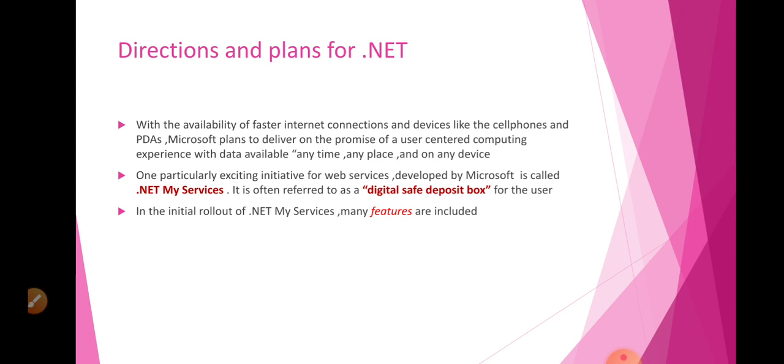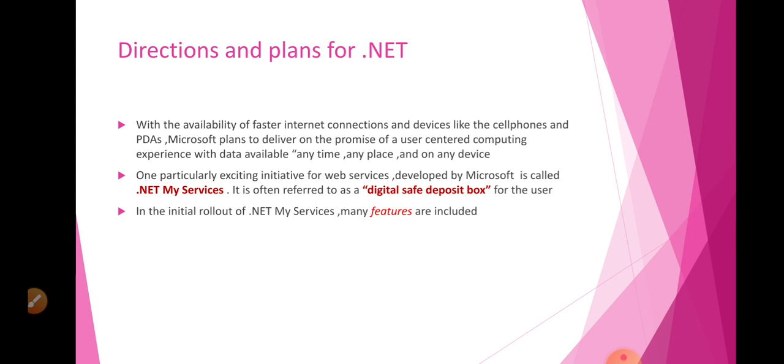Before that, we just used the internet on the computer itself. While it is moving to cell phones or PDAs, there is some need for web services. So Microsoft plans to deliver the best software applications which are available anytime, any place or on any device.